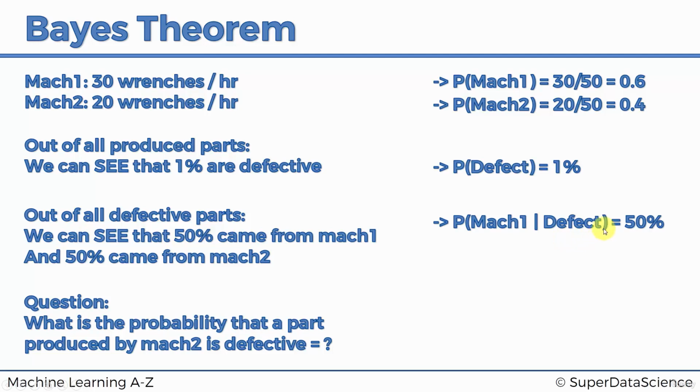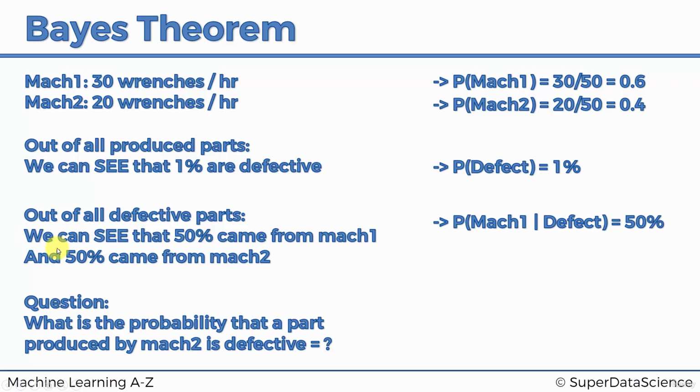You know a priori that the part is defective because you're picking it out of the defective pile. So what is the probability of that part coming from machine 1? Well, it's 50%. And that is the mathematical transcription of this sentence: we can see that 50% of defective parts came from machine 1.